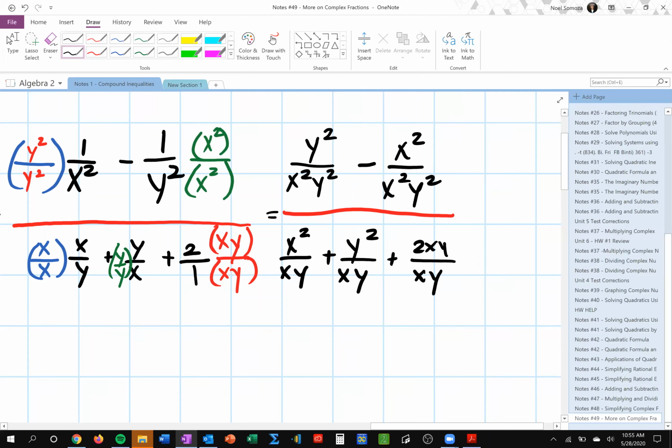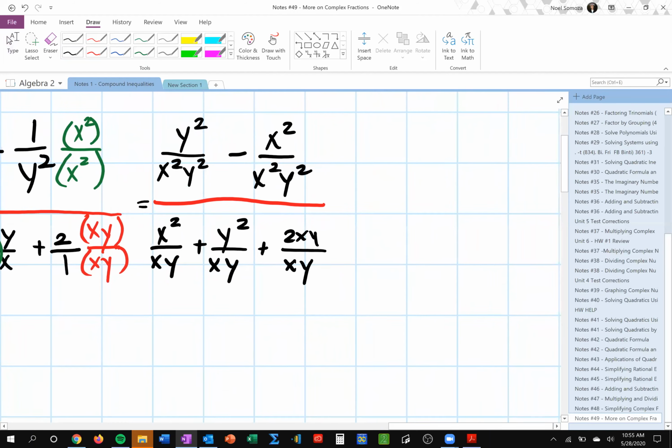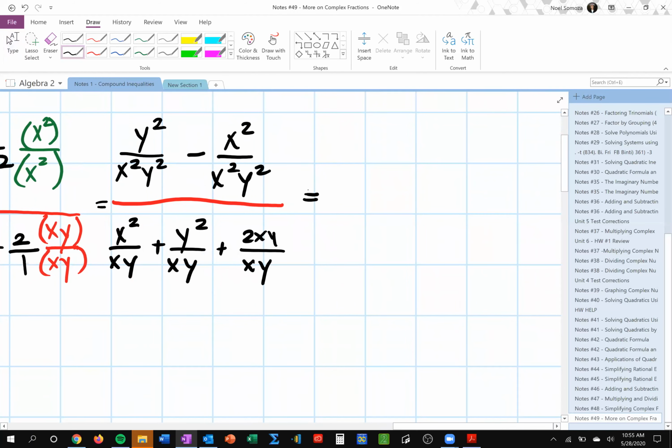All right, so now let's go ahead and condense over here. y squared minus x squared, that's going to be my numerator. y squared minus x squared all over, since they have that common denominator, I'm just going to bring over x squared y squared. Okay, big fraction bar here.